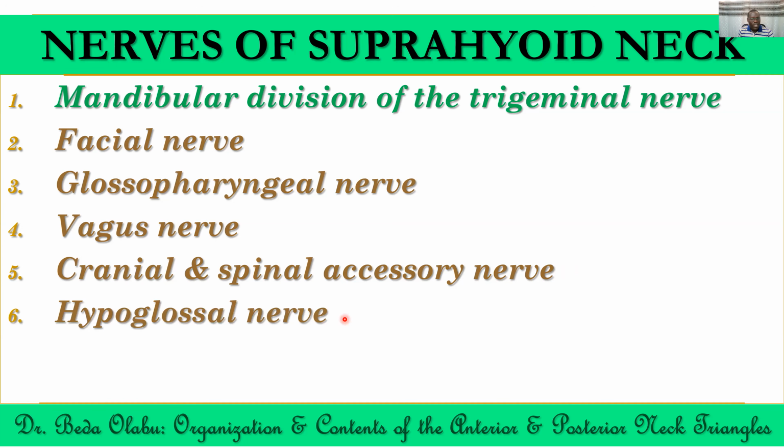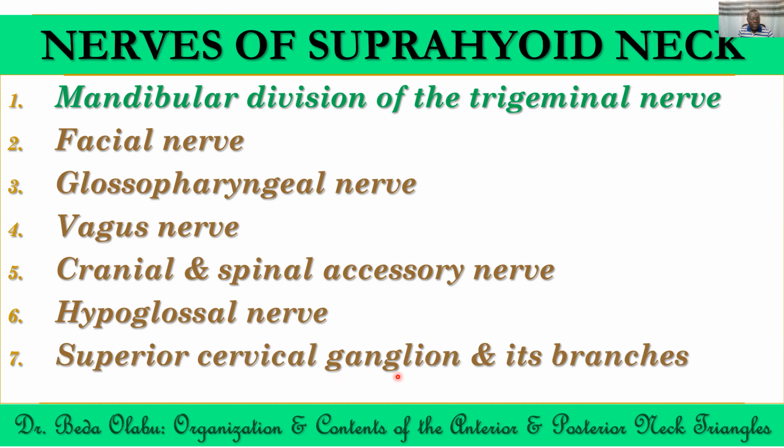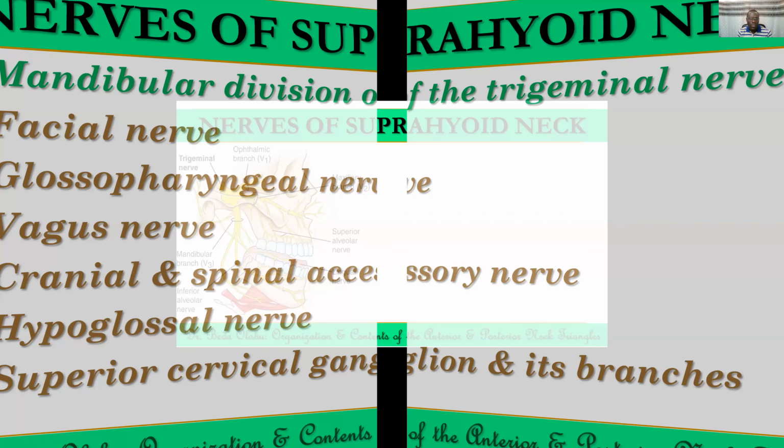Hypoglossal nerve we've discussed in the previous session as well, and superior cervical ganglion and its postganglionic sympathetic branches to the head region. We've also discussed them. So if you've forgotten much about them, you can review the previous sessions. But let's dedicate this part, for the sake of time, to discuss the mandibular division of trigeminal nerve.